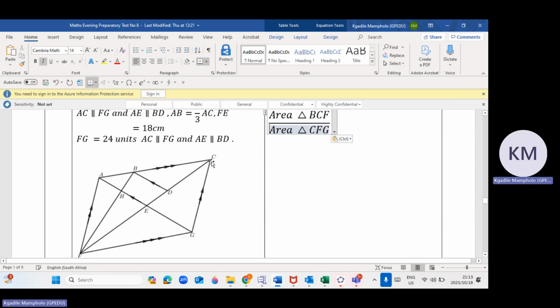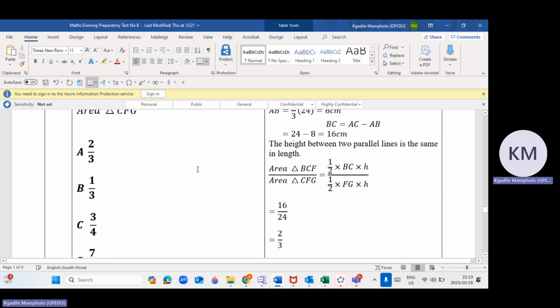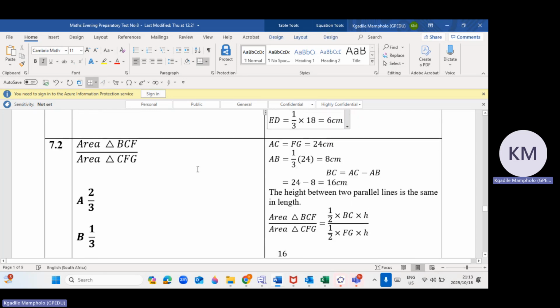CFG is this one. Now, since we know that AC is parallel to FG, whenever the lines are parallel, the length of the height between those parallel lines is equal everywhere. AC is 24 units, AB is a third of 24, which is 8.